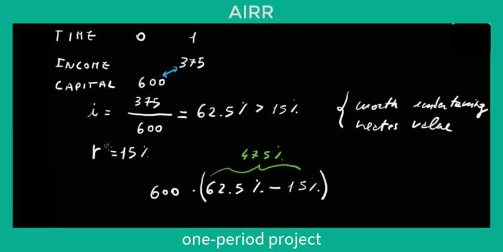So if we want to compute the net gain referred to time 0, we have to discount back by one period using 15% as the discount rate. This makes $247.83.